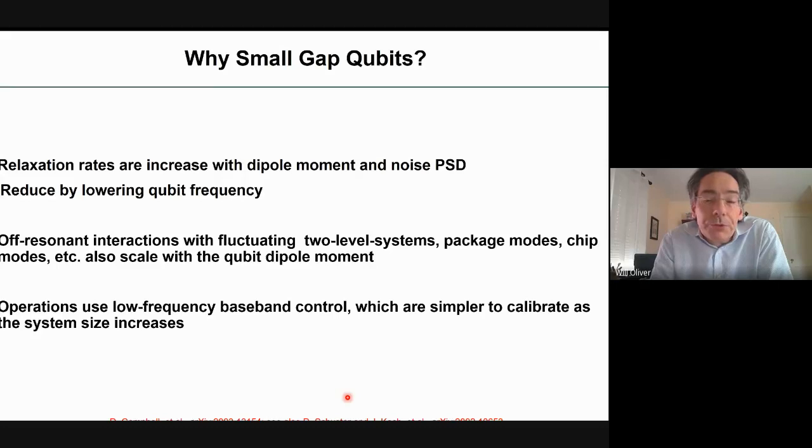And this, in principle, is simpler to calibrate. There's less crosstalk, and so these are a few motivational reasons why one might look at small gap qubits. And the paper I'm going to talk about is by Dan Campbell, in this arXiv paper, but I also want to mention that David Schuster and Jens Koch and collaborators have an arXiv paper out about fluxonium, and maybe he'll talk about that today as well.